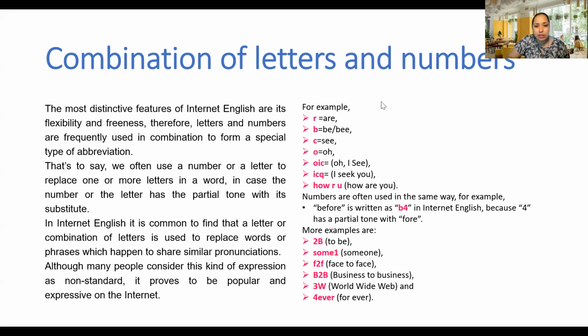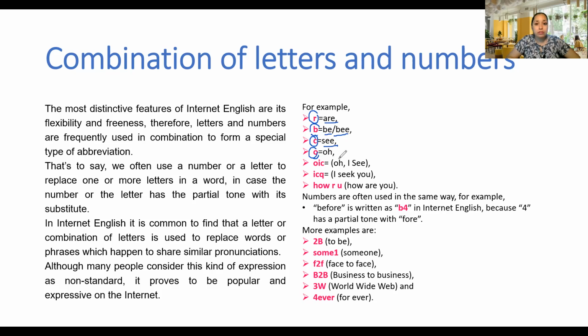As you can see, for example, the letter R could mean "are". The letter B could just mean "be", or a bee, the animal. The letter C is used to talk about "see".